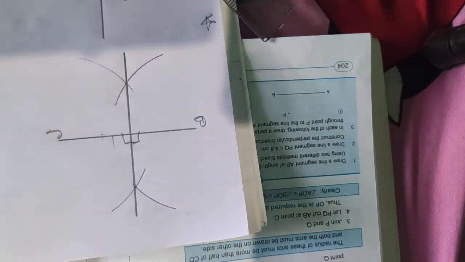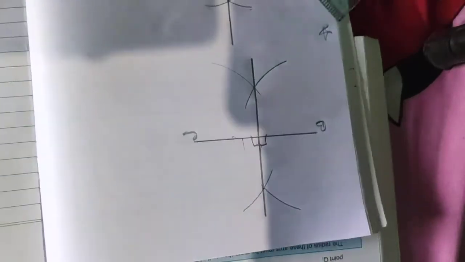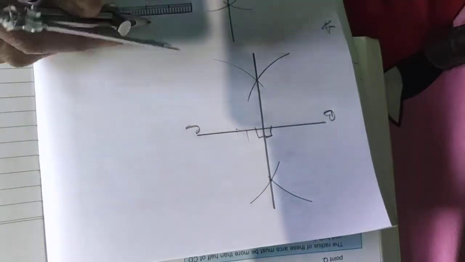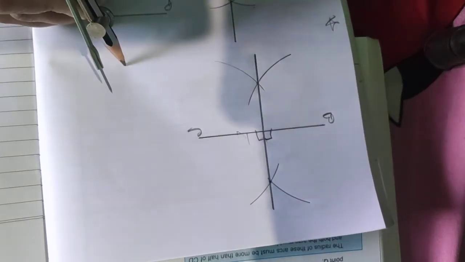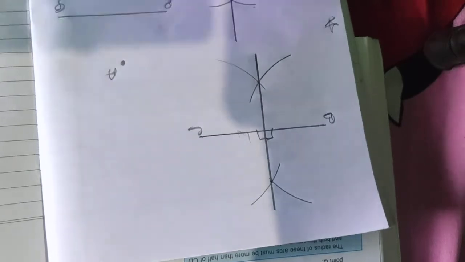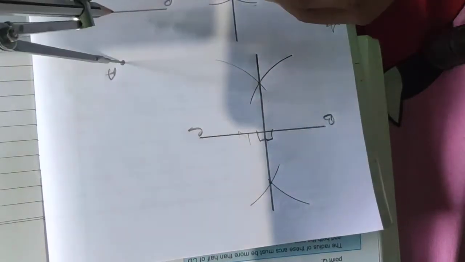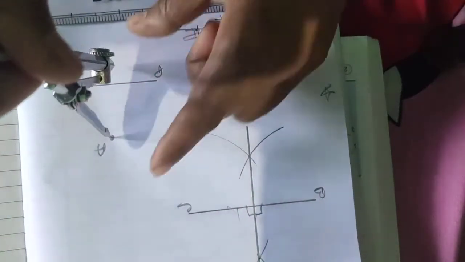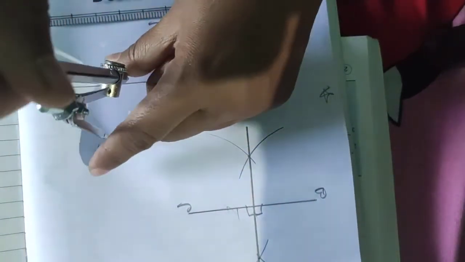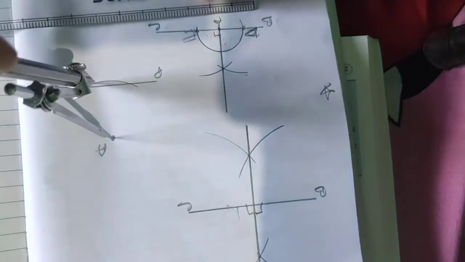One more perpendicular line you have to draw from an external point. Suppose an external point is given, take a line segment of suitable length, suppose PQ I have taken. Any outside external point I have taken here, point A. Now take A as a center and with a suitable radius draw an arc like this.